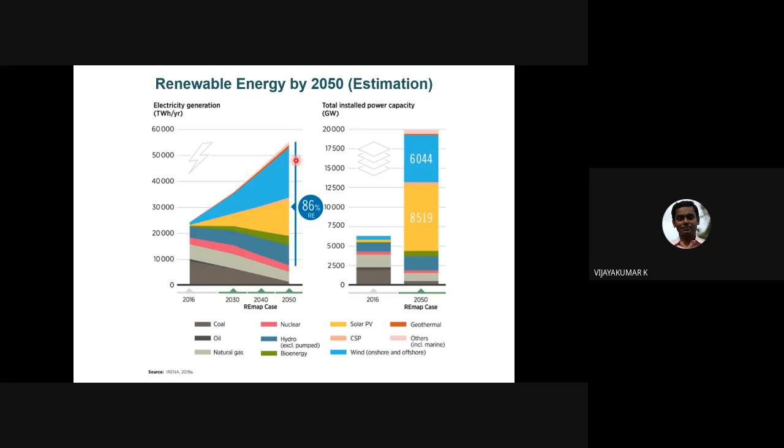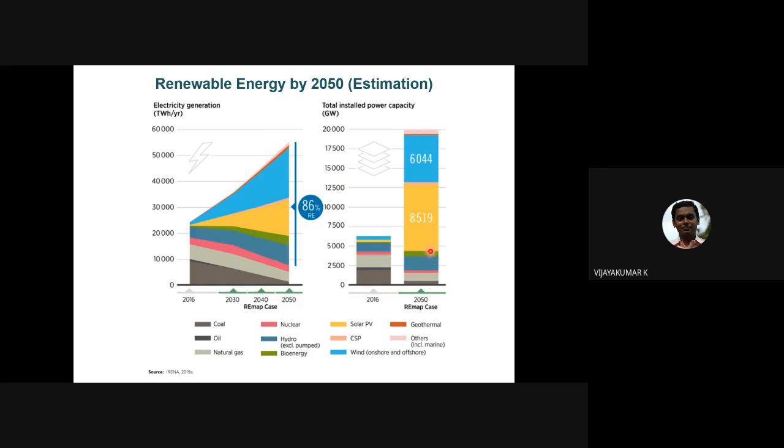Out of this 55,000 terawatt hours, 86% of the energy is generated by renewable energy sources. That's what the renewable energy roadmap is giving as the idea.